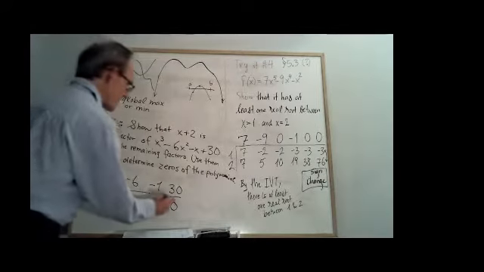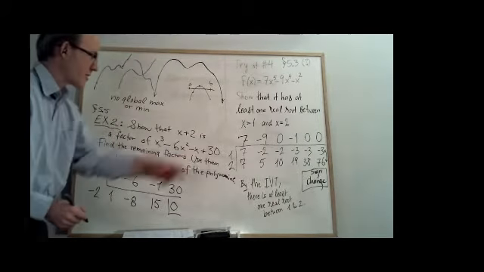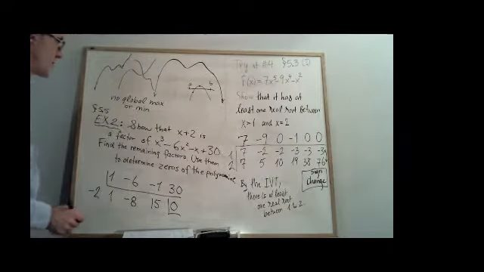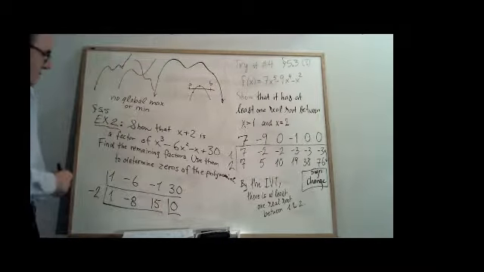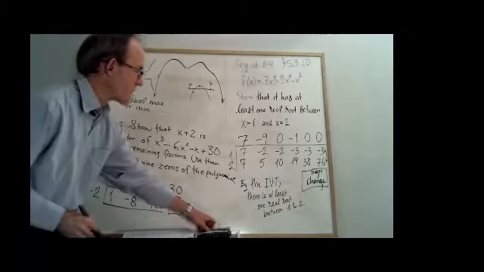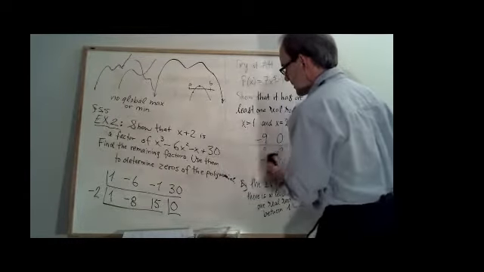Okay, so that's good. So that means this is a factor. Minus 2 is a root of the entire polynomial, so this is a factor of the polynomial. And we found the coefficients for the quotient polynomial here.